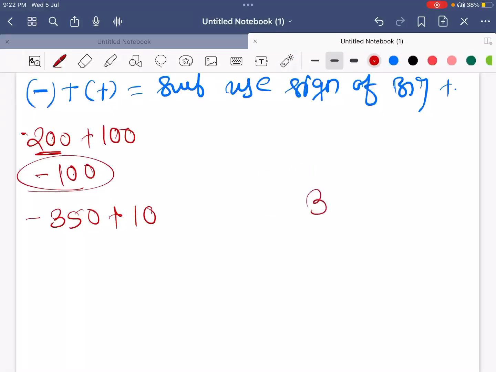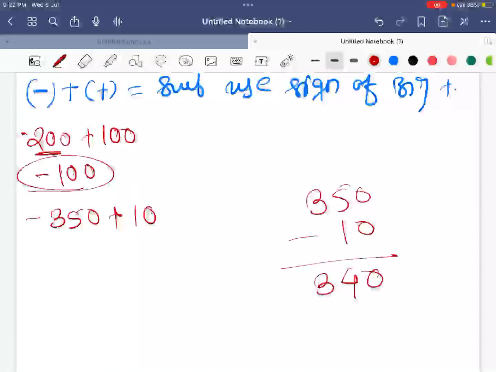Take a subtraction, 350 minus 10. So it's 340. Now go back to the question. So 350 and 10. Obviously 350 is the bigger term, and 350 has a minus sign, so it is negative, minus 350. So we have to put a minus sign in the answer. So your answer is minus 340. So write down here minus 340.